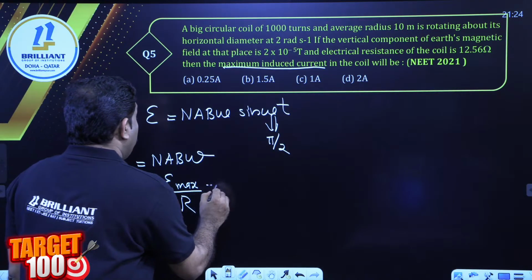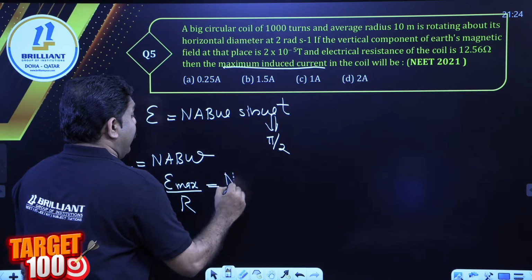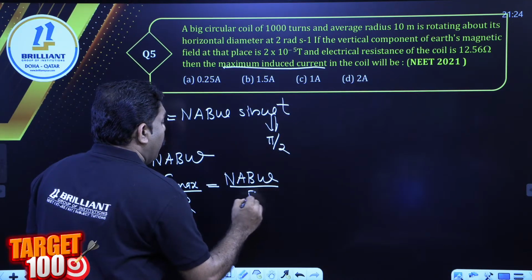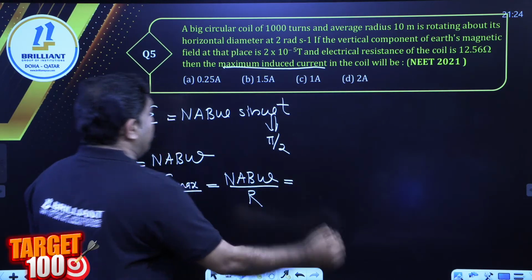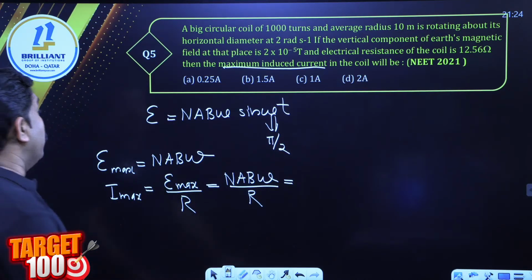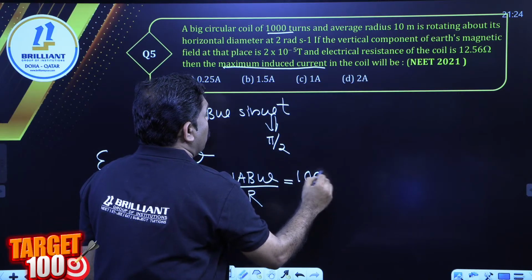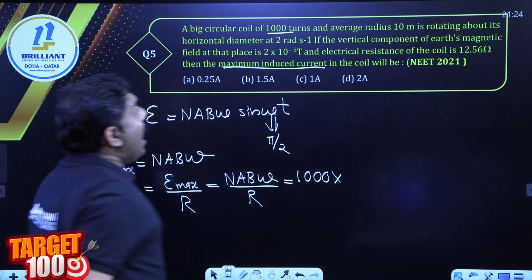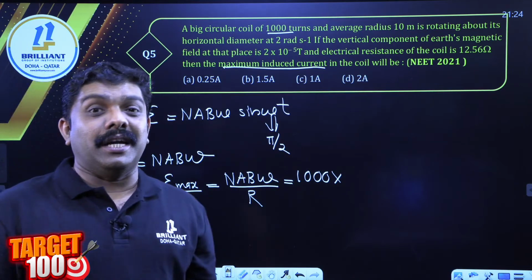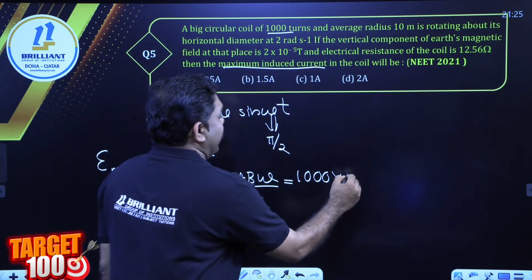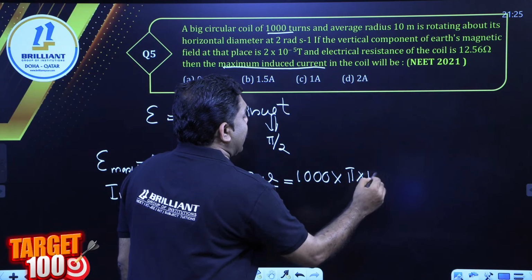So the formula is NAB omega divided by R. Now we can substitute each term. First of all, 1000 turns, so N is equal to 1000. Here the average radius is 10 meter, so area is pi r square, pi into 10 square.